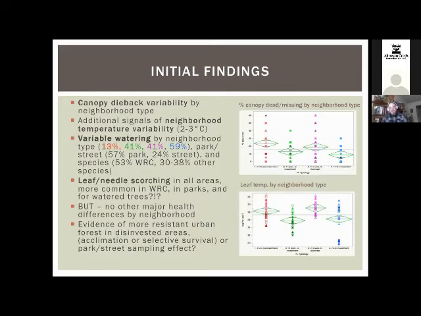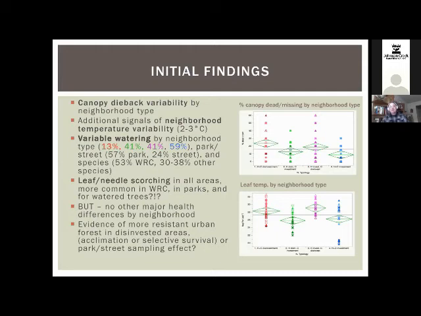However, this leads to some interesting hypotheses about why this might have been possible. One reason we've been toying with is that we might be seeing an overall more resilient forest in some of these lower investment neighborhoods. So the trees in these neighborhoods might have experienced through their life history less investment of resources, less watering, and higher temperatures, according to this micro temperature data that we have.